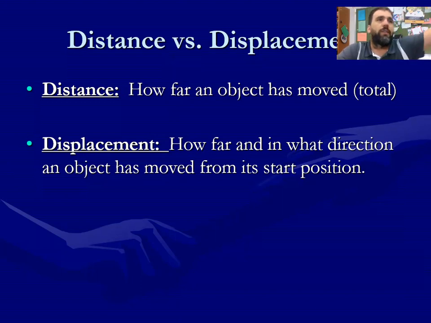You live pretty much directly east of us, don't you? Due east. But do you only drive east? You have to follow the roads, correct? Her displacement in this case was almost due east, but her distance, when she leaves school, she has to drive north. And then she drives east. And then she drives south. And then she drives east. And then she drives south again to get to her house.